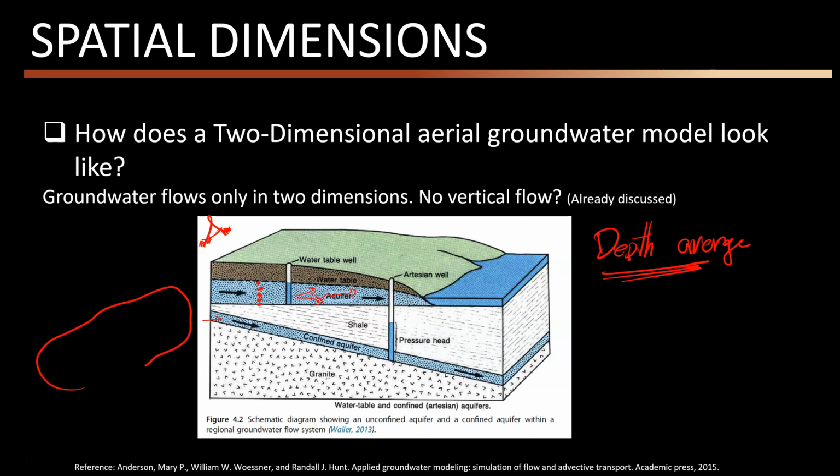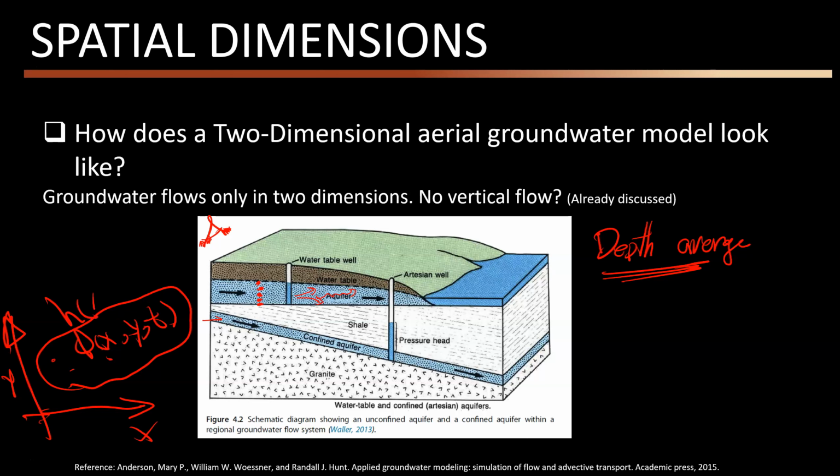If you're looking from the top, this is my x and this is my y, and I want to find the head at any x, y, and t, in both confined or unconfined systems. So I simplify the system and ignore one dimension. For example, at these x, y's, what are the heads?